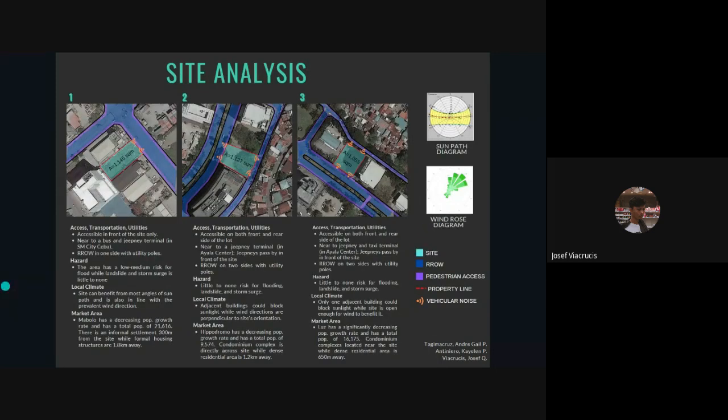So to summarize this slide, all sites have access to transportation and utilities, though sites 2 and 3 have better access with the nature of their lot being an interior lot or a through lot. For hazards, site 1 has little to medium risk, while sites 2 and 3 have little to none.